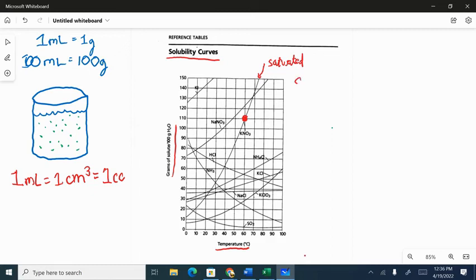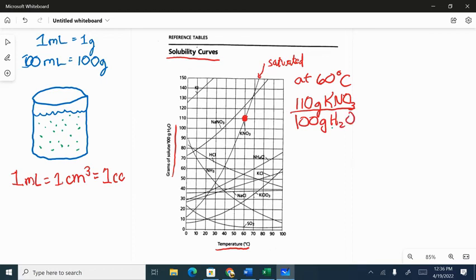So at 60 degrees Celsius, I can dissolve 110 grams of KNO3 in 100 grams of water. This is how we write the solubility.